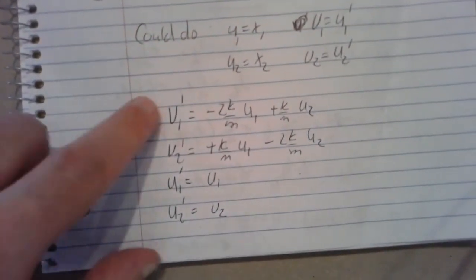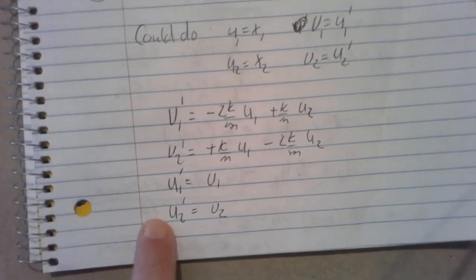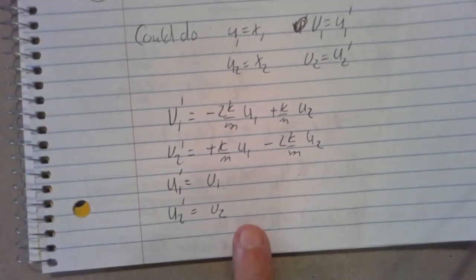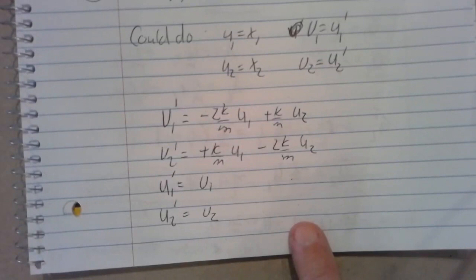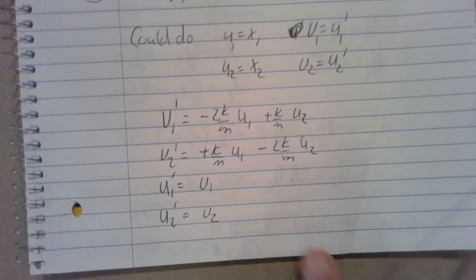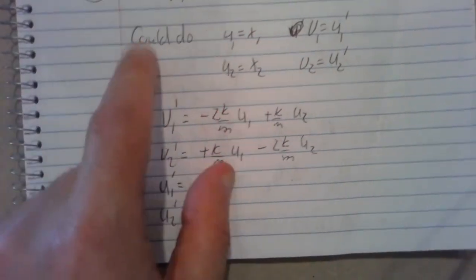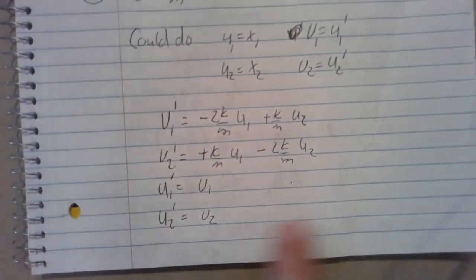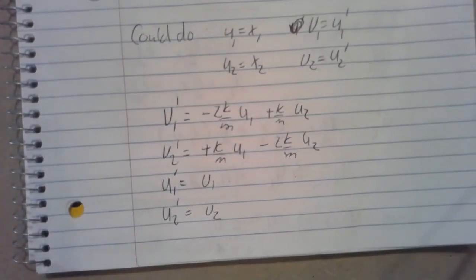That would give me this 4x4 system, and I could write this out in matrix form. I've got a whole bunch of zeros in here. I could find the eigenvalues of that matrix, find my 4 different eigenvectors, go back and solve for x1 and x2. It's really not even that bad because we have so many zeros in here.